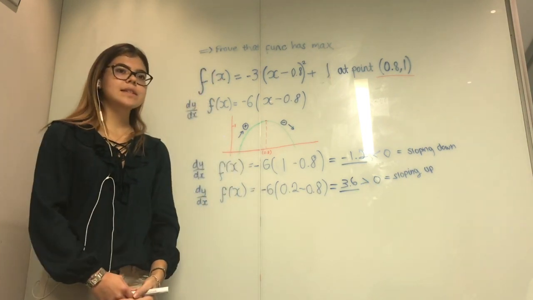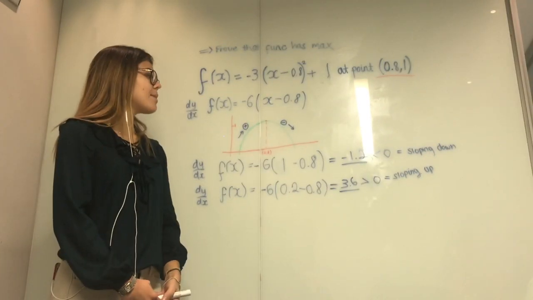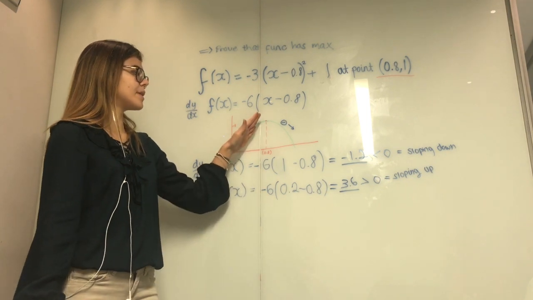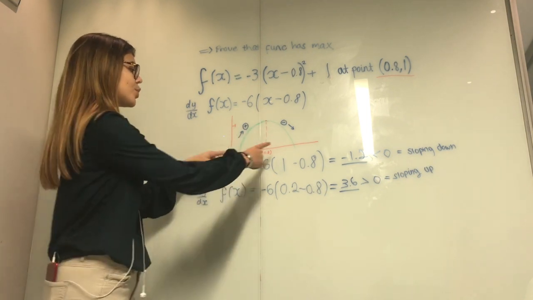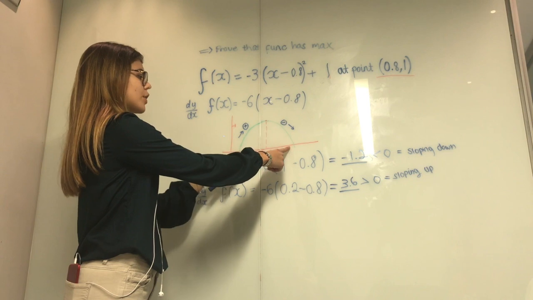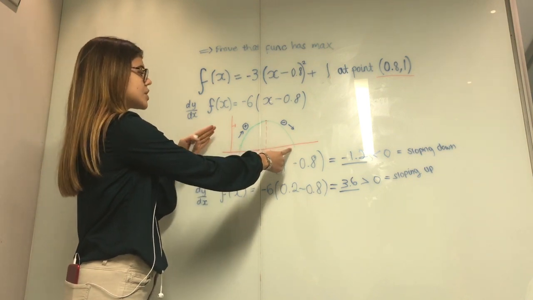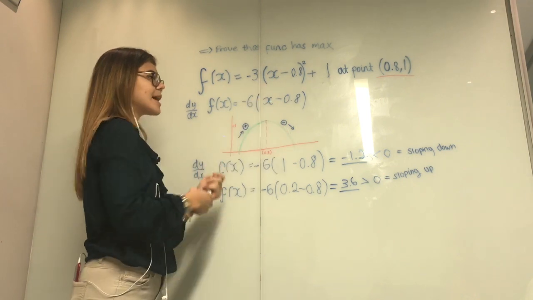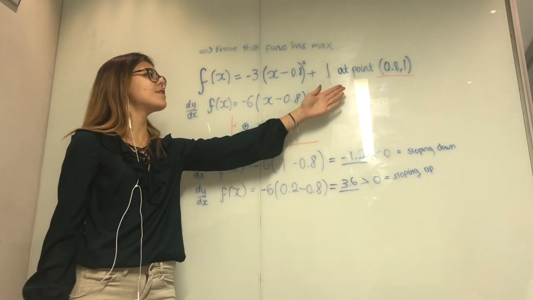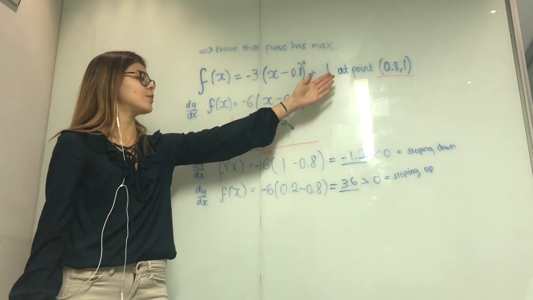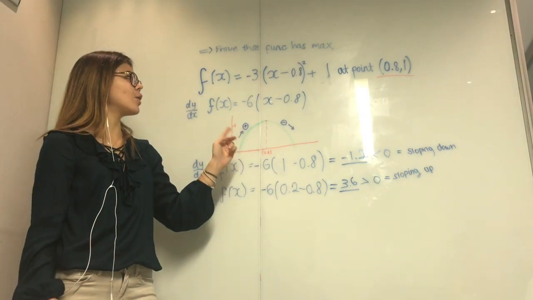As we can see, the slope being bigger than 0 implies that it is sloping up. And since we plugged in 2 points, one which is smaller, one which is bigger, and we got the corresponding slopes, one which is sloping up and one which is sloping down, we can conclude that the point (0.8, 1) is a local maximum.